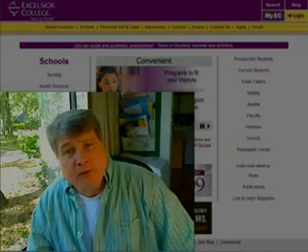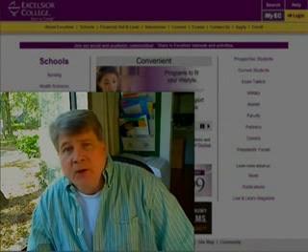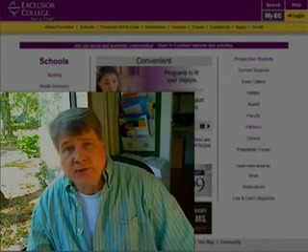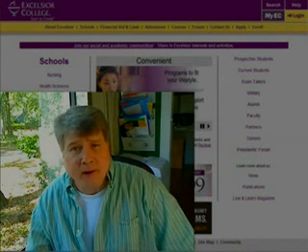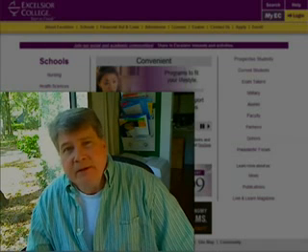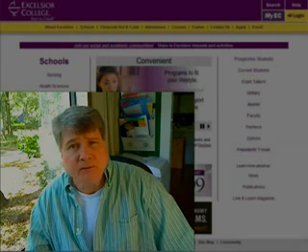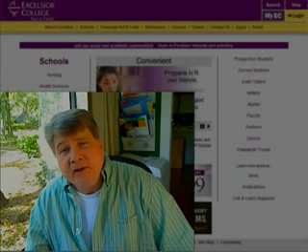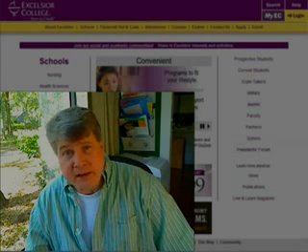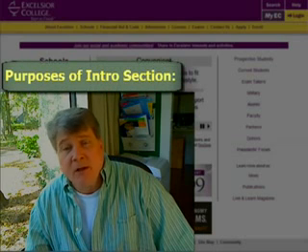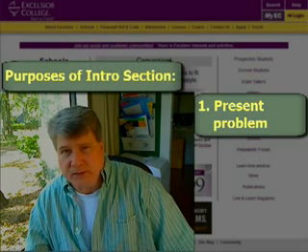Let's take a look at the introduction section of your paper. You know, as an undergraduate, the introductions that you wrote probably consisted of a paragraph often. But in these APA projects, your introduction section will usually consist of multiple paragraphs. And that's because the introduction section in an APA research project must accomplish three purposes.